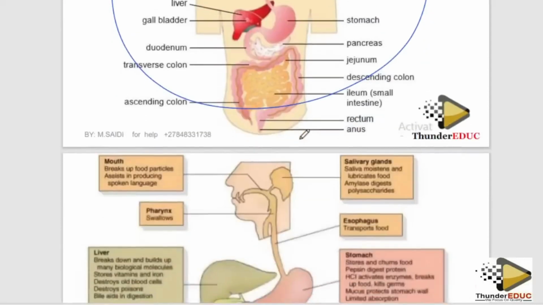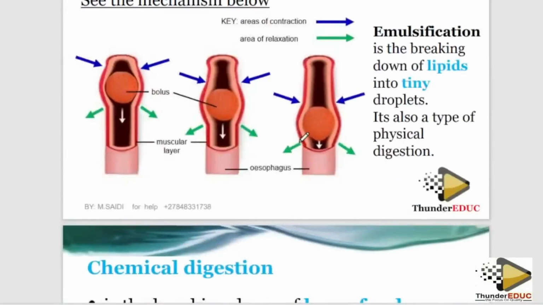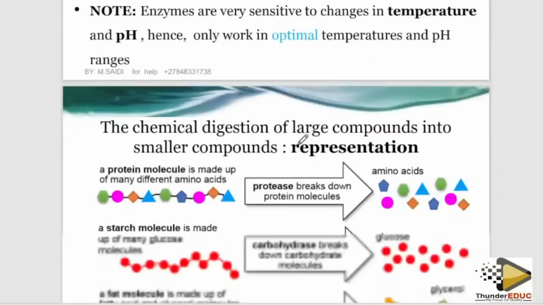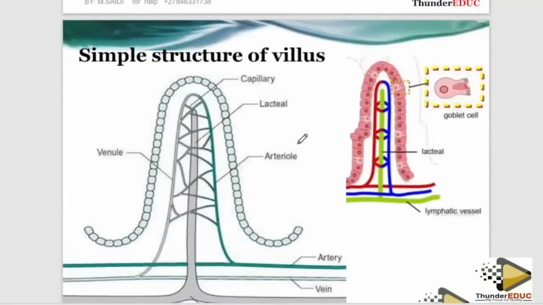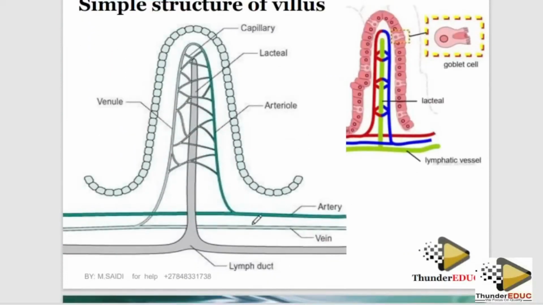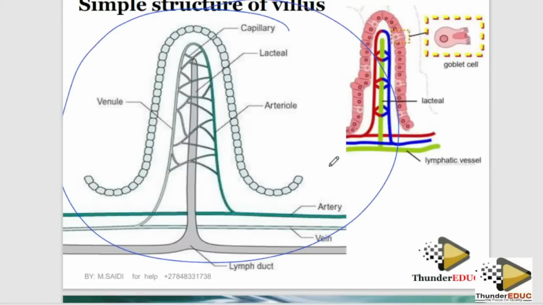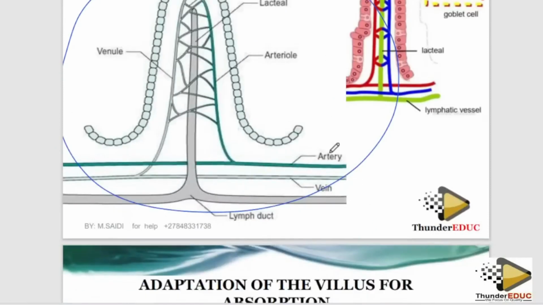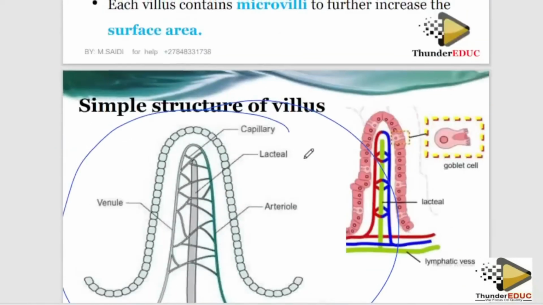Yes? Digestive system, you must know it. We like the virus, the structure of the virus. People have been teaching you, you know what I'm always saying. Virus. Don't go to the paper without knowing it. The structure of the virus. Make sure that you know it.